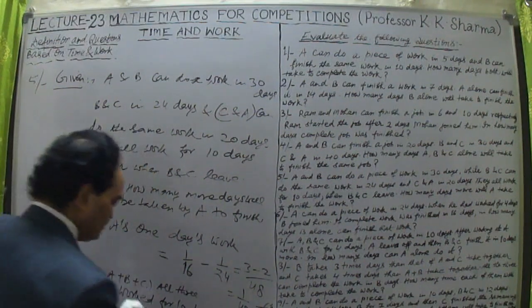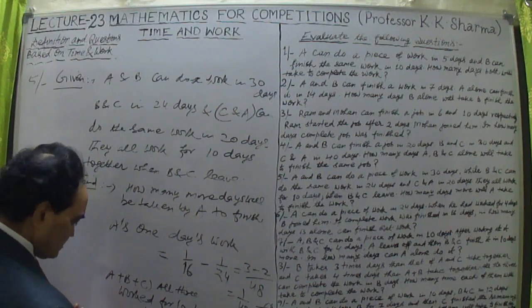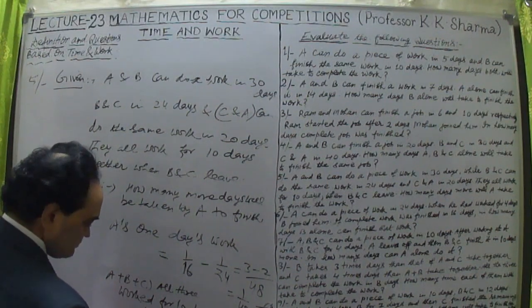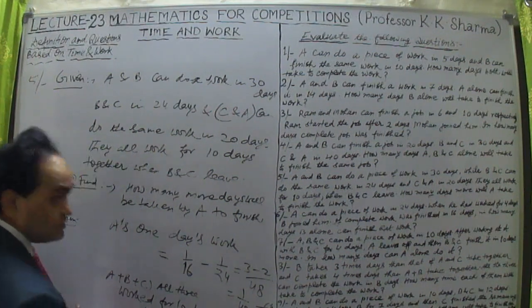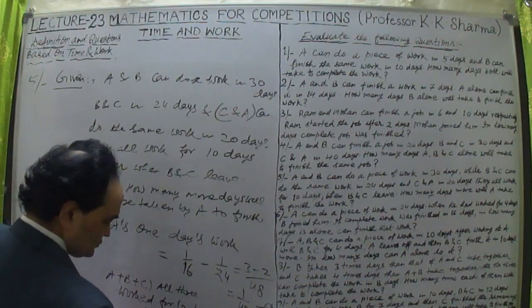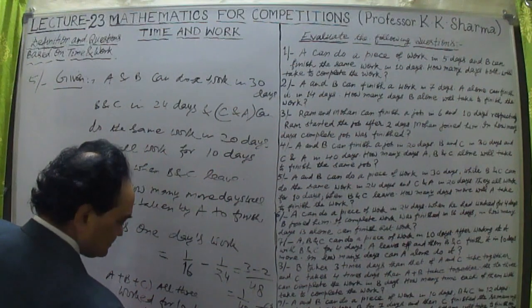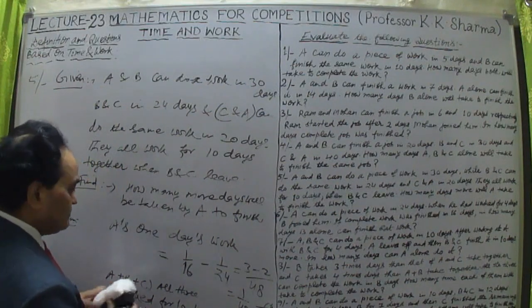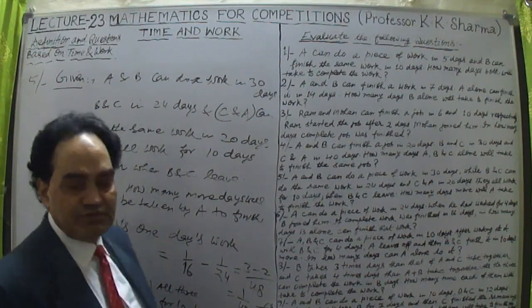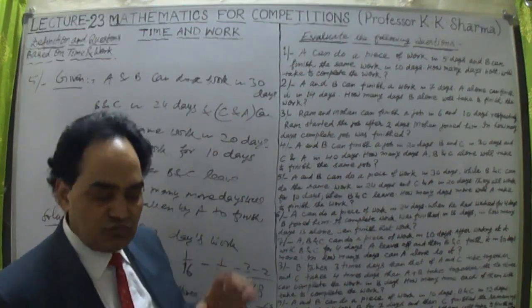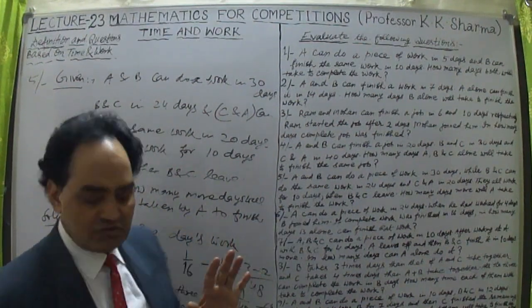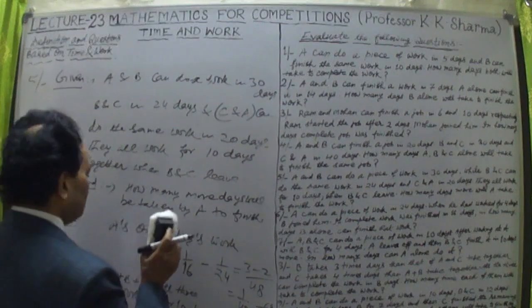Therefore the remaining work is equal to 1 minus 5 by 8. So this is 3 by 8. Now 3 by 8 remaining work is to be completed by A. The remaining work divided by rate of work gives the number of days. Therefore, A will take how many days?